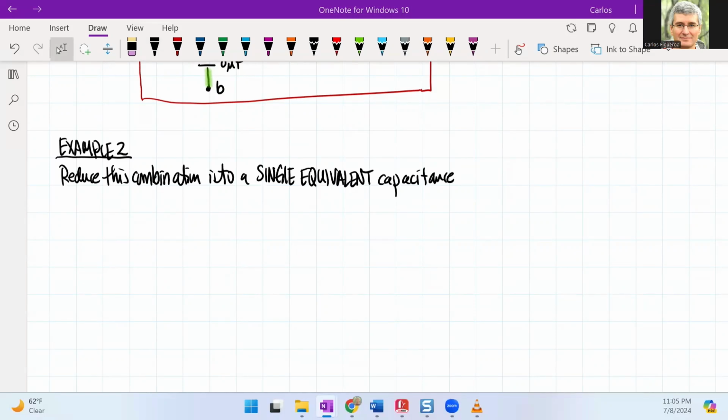So I did A and B, so let's change this a little bit. I'm going to call this one X. And now what I'm going to do here is draw 3 capacitors in series. And I think I like the idea of making this a little bit longer. And then I'm going to have 2 capacitors that come out like this.